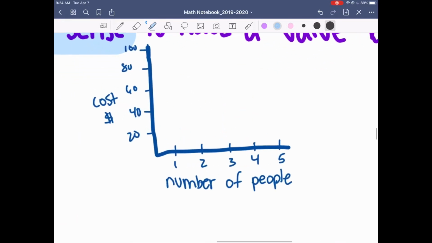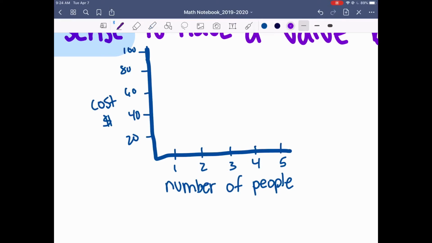For example, with this graph right here, let's say we have this graph that says number of people versus cost. So let's say, for example, the number of people that you would be feeding at a dinner and how much it would cost you to feed that many people. So for one person, it's $20, two people, $40, three people, $60, and so on.